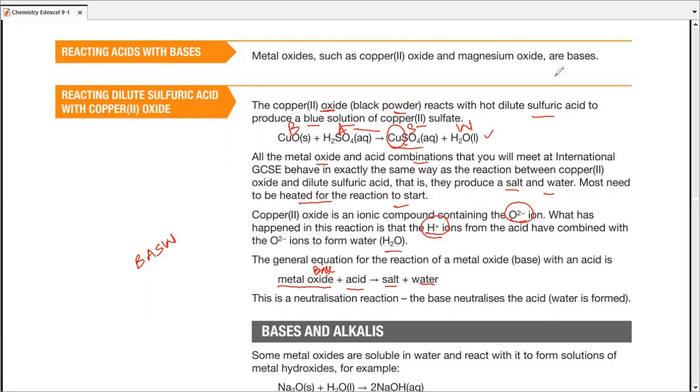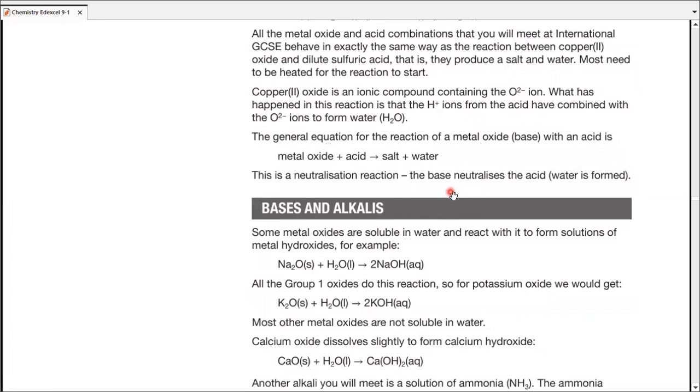So if I talk about these base reactions in specific, I can safely say that these reactions give this kind of ionic equation: O²⁻ plus 2H⁺ gives us H2O, where the oxide is solid, the hydrogen ions are aqueous, and the water is a liquid.